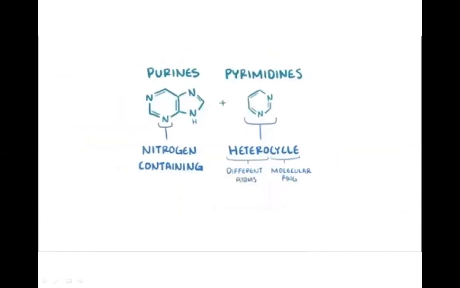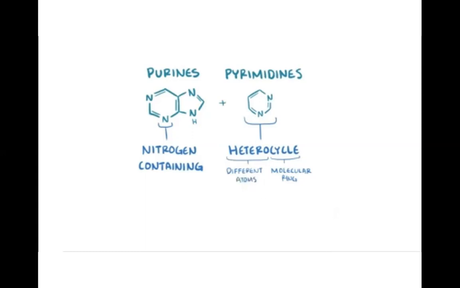Now let's see how uric acid is formed, and how this excess of uric acid is found in the blood. Basically, the purines along with the pyrimidines are naturally occurring nitrogen containing heterocyclic compounds. Heterocyclic means they have different atoms in their molecular rings.